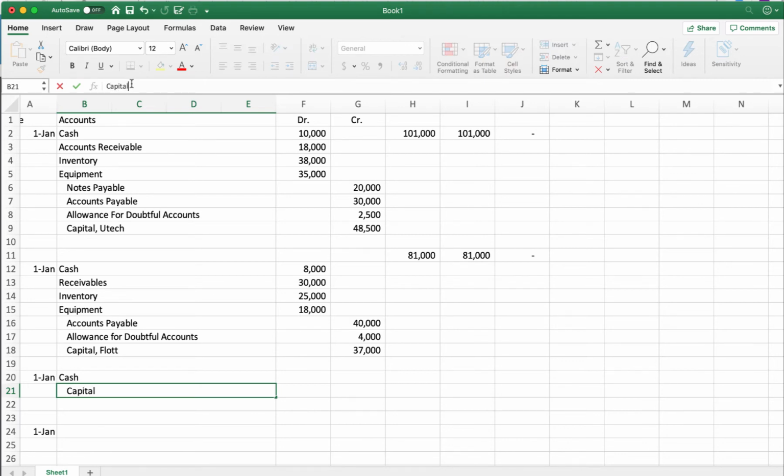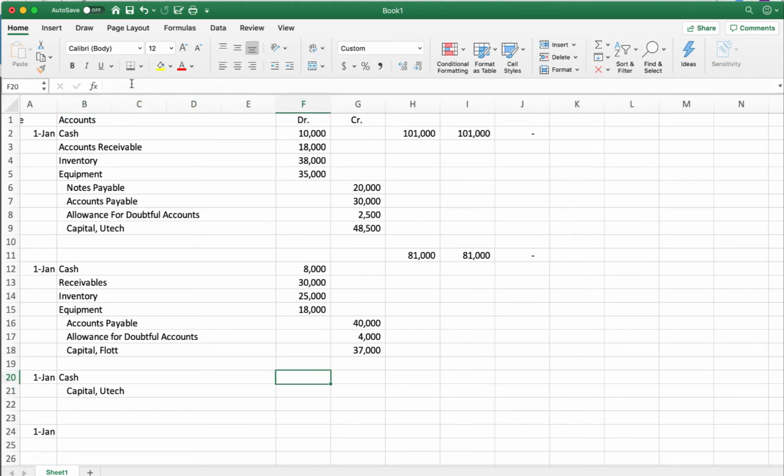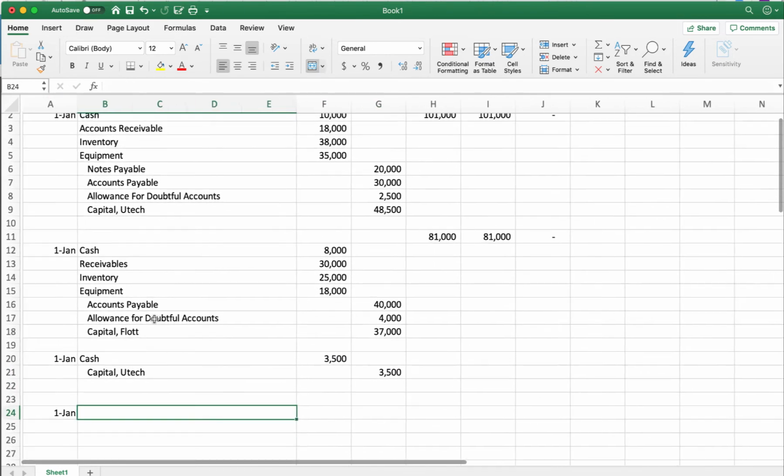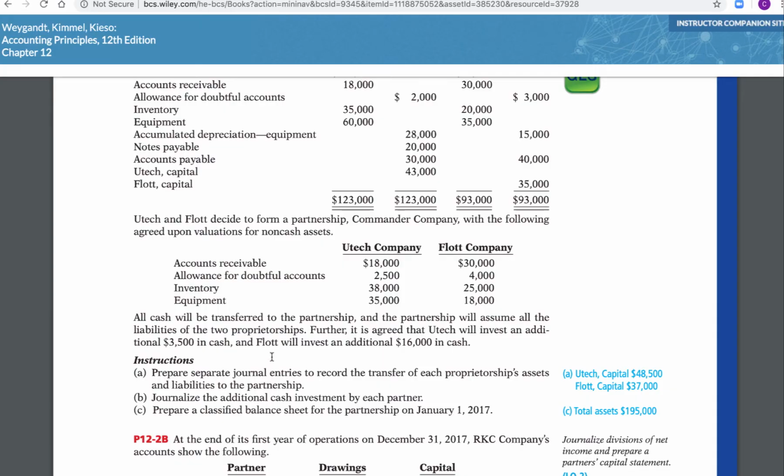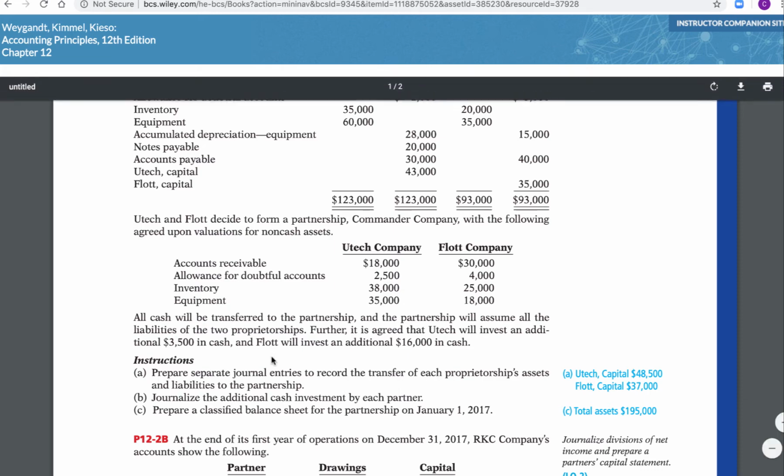It's the capital account for UTEC. Had to contribute an additional $3,500. Okay? And then we go down to Float. Float has to invest an additional $16,000 in cash.